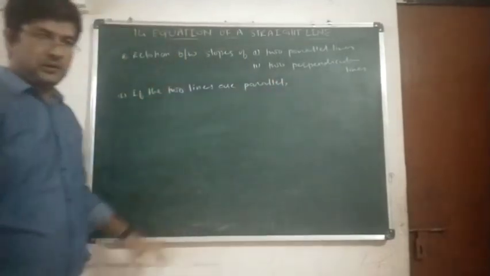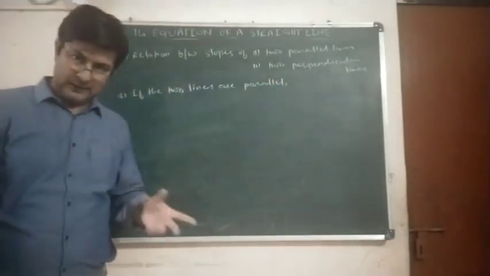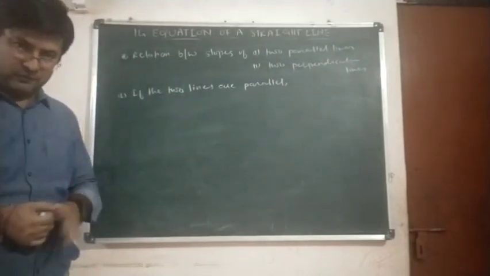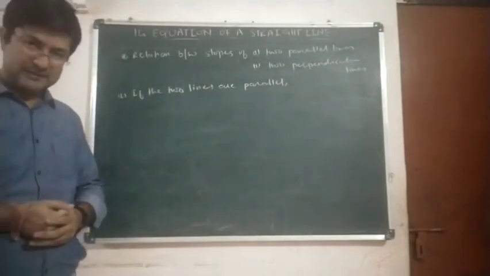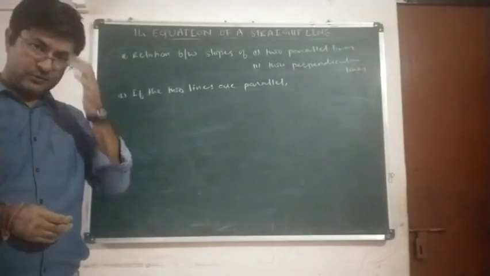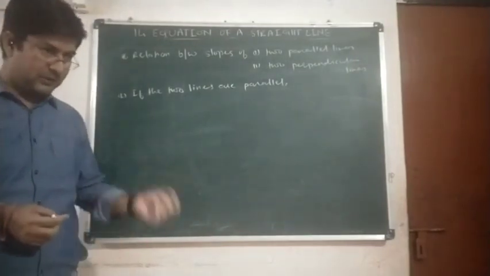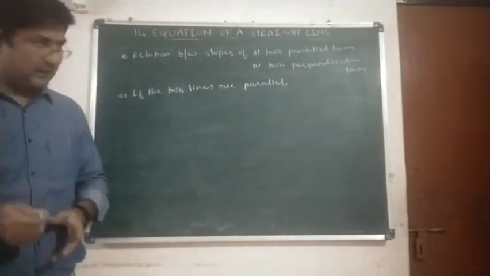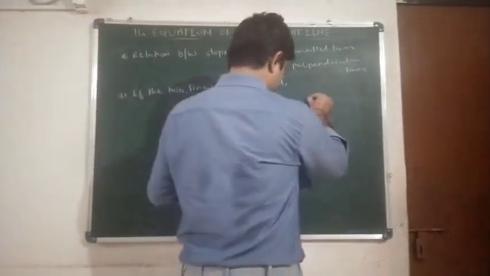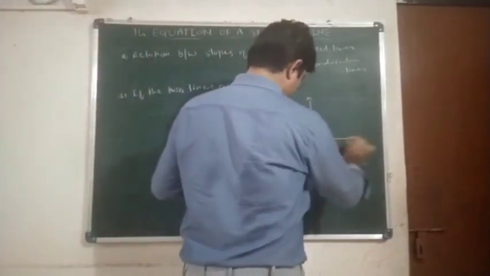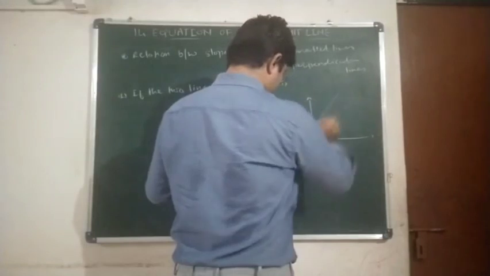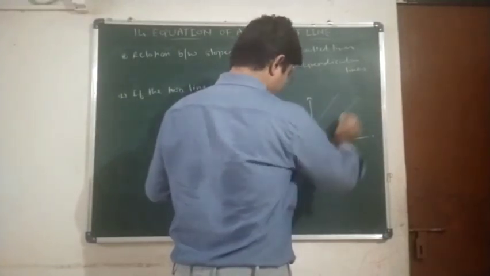Obviously the angles of inclination formed with the positive direction of x-axis will be equal. Yes or no? Suppose theta 1 and theta 2 are the angles formed by the 2 parallel lines. Let us try to understand this fact like this. We have 2 parallel lines.